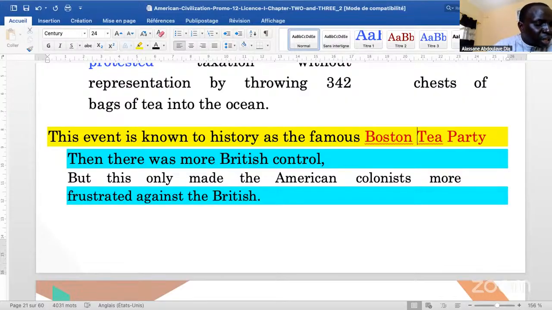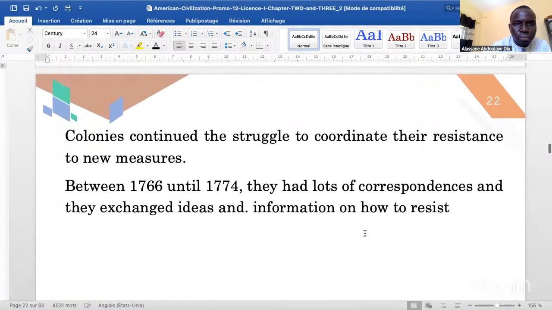That is the significance of the Boston Tea Party: to react against the taxes and also to show their frustration against the Boston Massacre. Is it clear now, class? I hope now it is clear, class. Is it okay now, class?